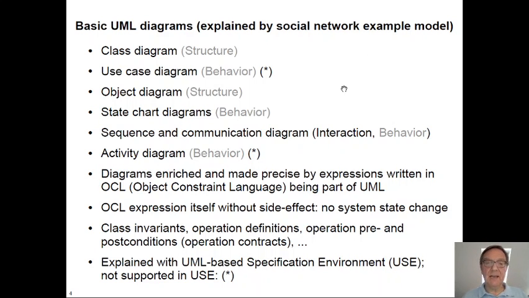With a use case diagram, you can get a good overview of the system by specifying your requirements and the functionalities that your classes, your objects should have. With object diagrams, you can specify particular states, and you can look into the details of the states, for example, with OCL queries. The state chart diagrams determine the order in which the operations from the class diagram can be executed.